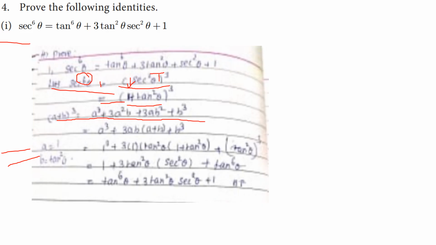So you can write this formula in simplified form: a cube, 3ab you take common, inside the bracket a plus b, plus b cube. Like that, you write a value 1 and b value tan squared theta. A plus b value is 1 plus tan squared theta, plus b cube value is tan squared theta whole cube.